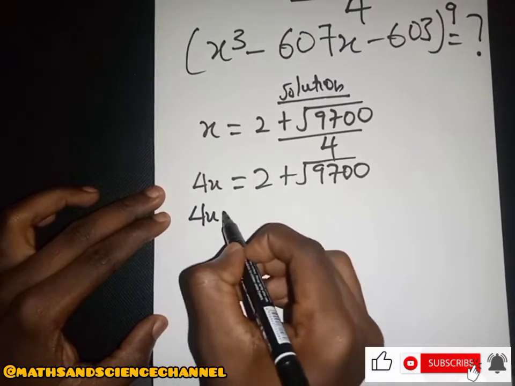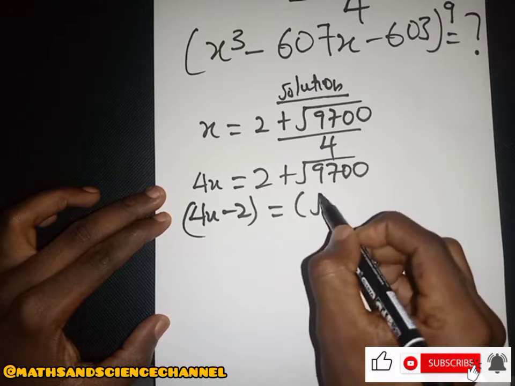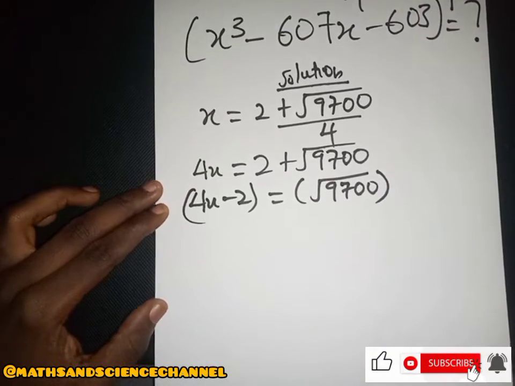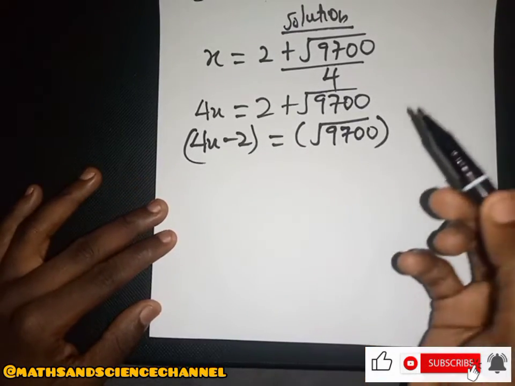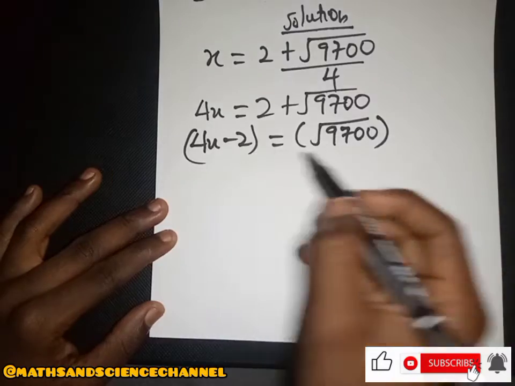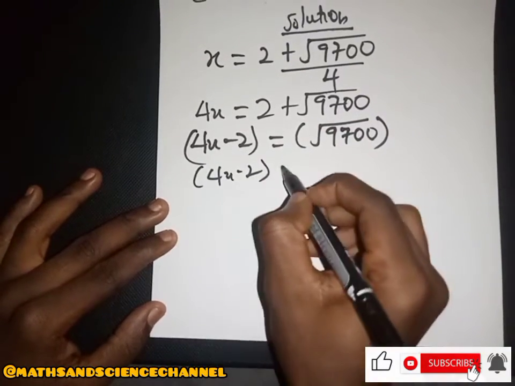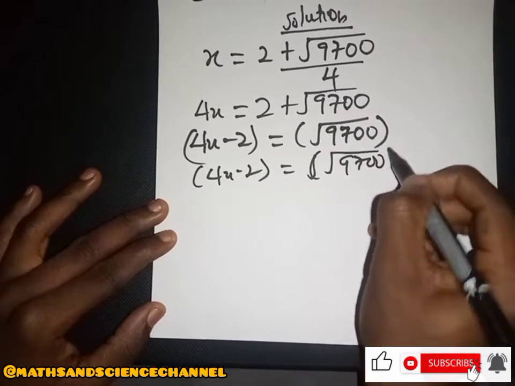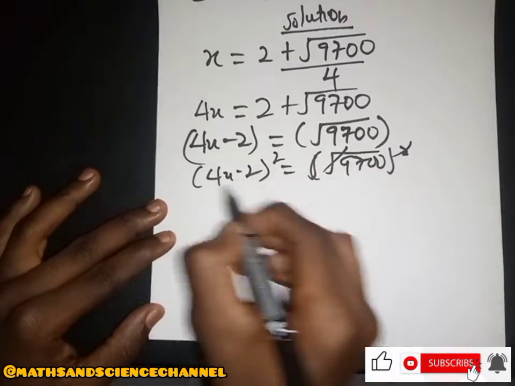So we have 4x minus 2 here, being equal to the square root of 9,700, right? Now in order for us to get rid of the square root, we square both sides. So squaring both sides, we have (4x minus 2) squared being equal to 9,700. Now we expand this.